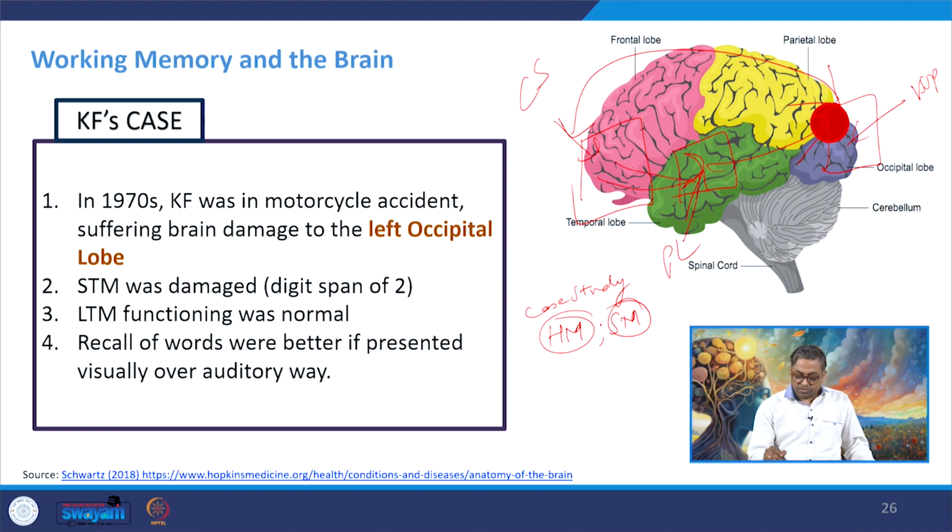These projections are so dense that sometimes they aid one another. But in the KF study, when the lesion happened in his visual area, this area got compromised. As a result, the projection from the frontal cortex to the visual area was not there, so any visual processing information got impaired.